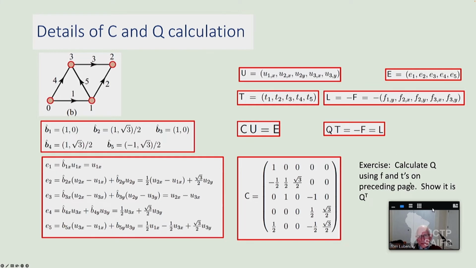Now, I leave as an exercise to you, use the QT equals F, to calculate the Q matrix, and then show that the transpose of the Q matrix is in fact the same thing as this.